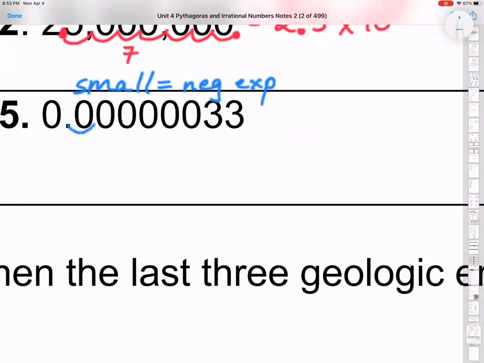Looks like 1, 2, 3, 4, 5, 6, 7 places. So we get 3.3 times 10. And again, we moved it 7 times in the negative exponent. Because again, we started with that small number.